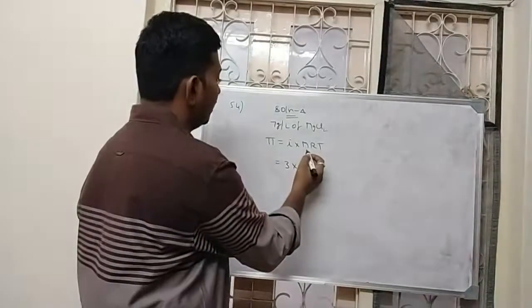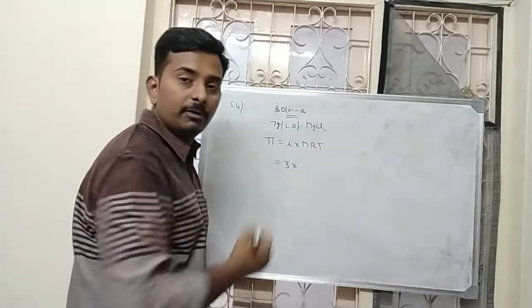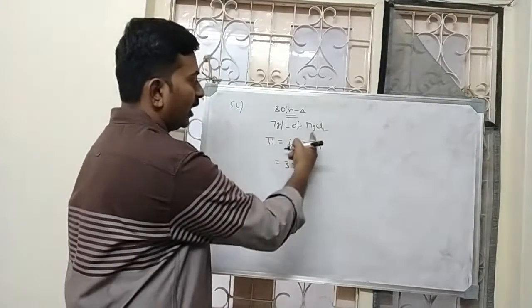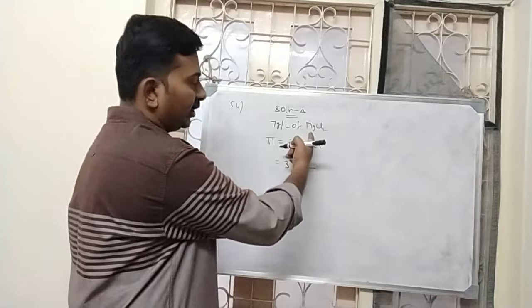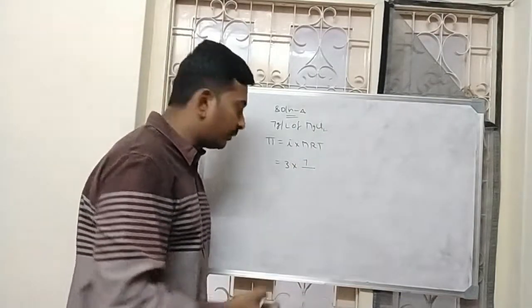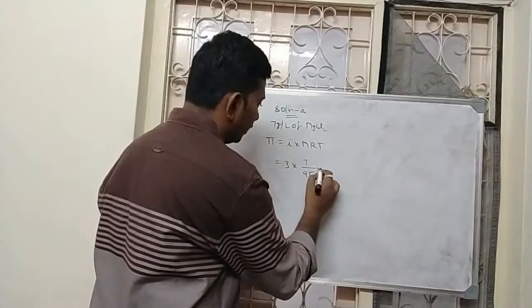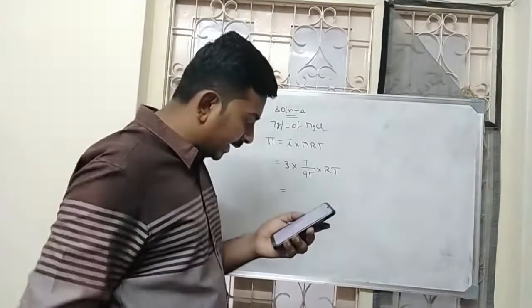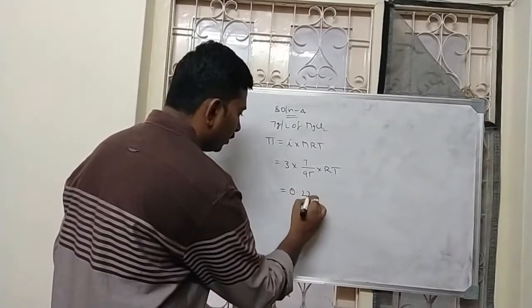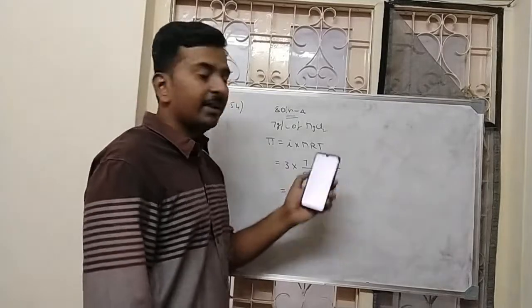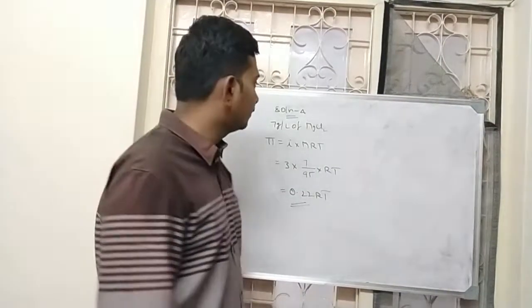Molarity is mass by molar mass into 1 by V in liters. Mass is given as 7, and the molar mass of magnesium chloride is magnesium 24 plus 71, which is 95, into RT. If you simplify, you get 0.22 RT. This is the osmotic pressure of 7 grams per liter of magnesium chloride.